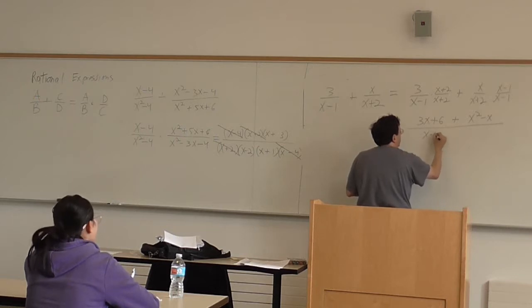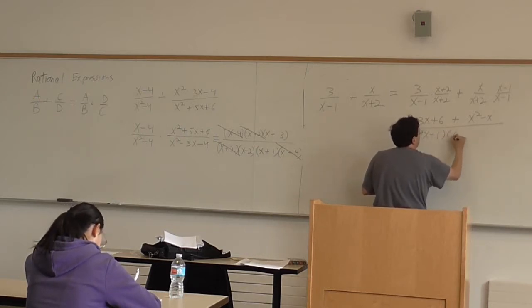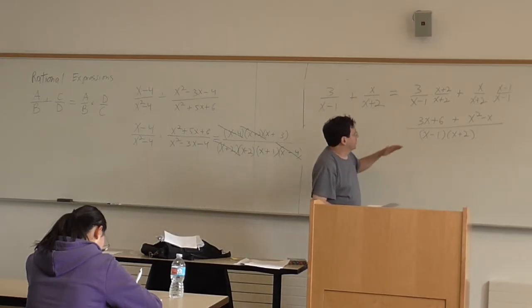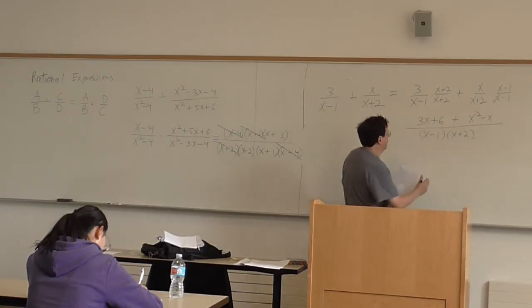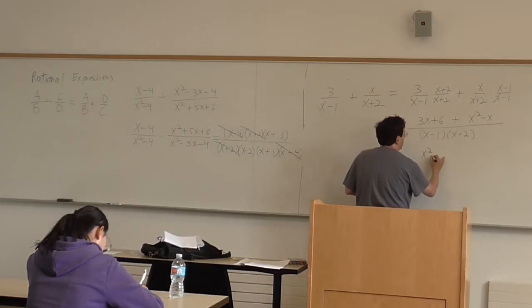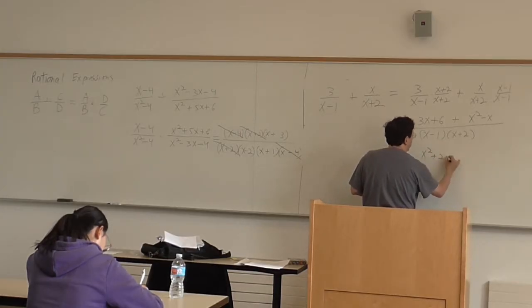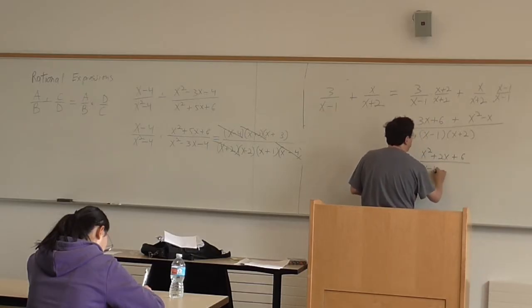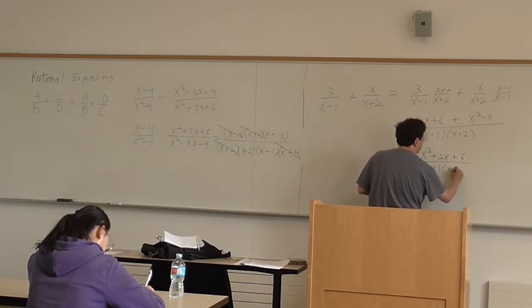And we'll just leave this x minus 1 times x plus 2 for now. Let's collect like terms here. We have x squared minus 2x plus 2x plus 6, again over x minus 1 times x plus 2.